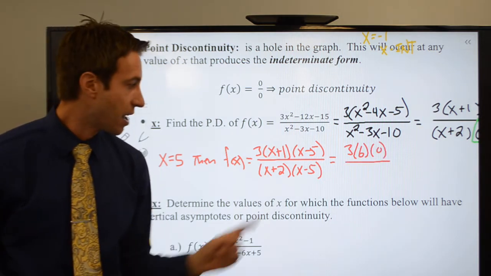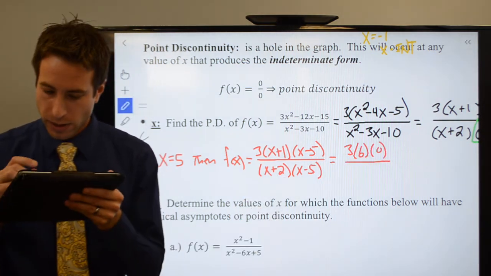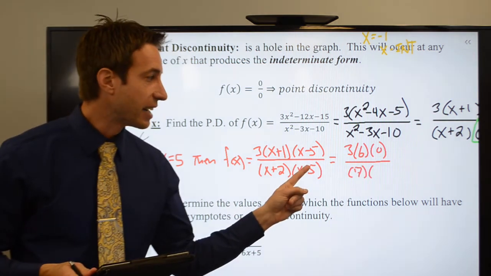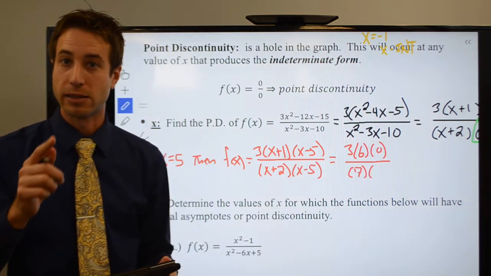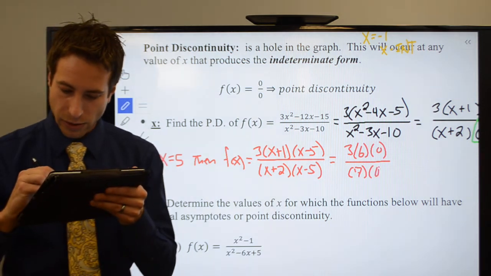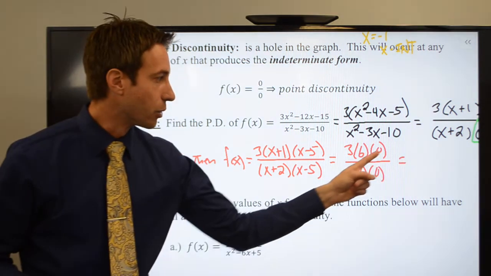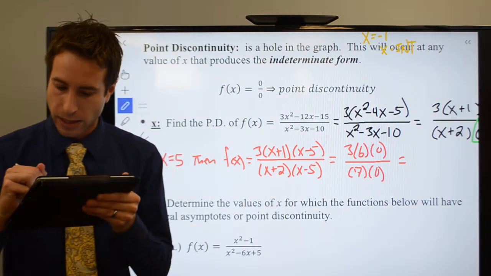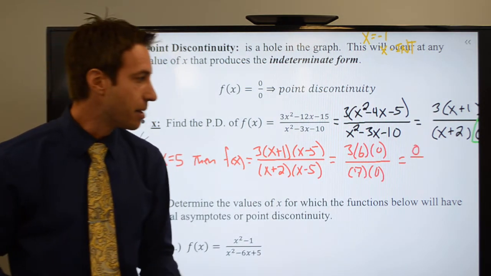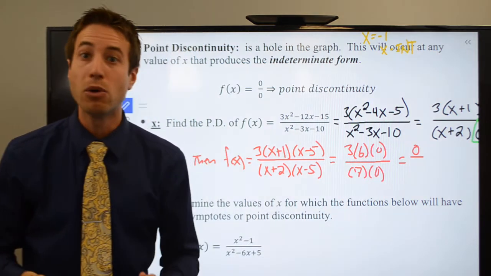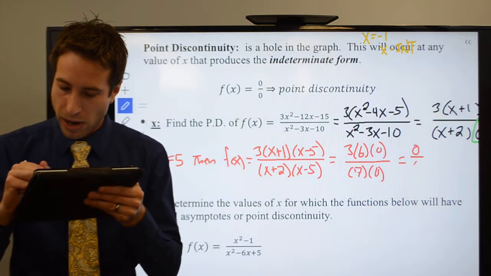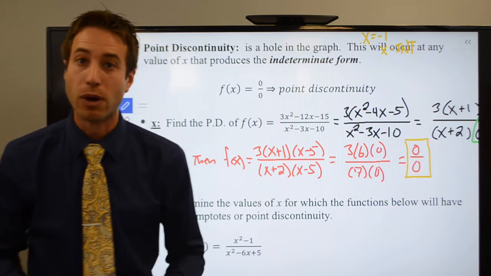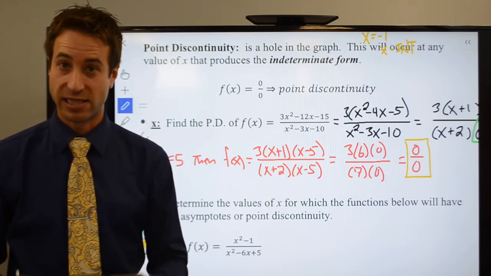In the bottom, 5 plus 2, 7. 5 minus 5 is 0. Check this out, guys. I have a 0 on the top. 3 times 6, 18. 18 times 0 is 0. In the bottom, 7 times 0 is 0. And look what happened. I wind up with 0 over 0.